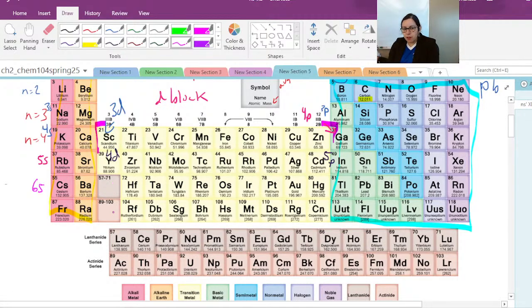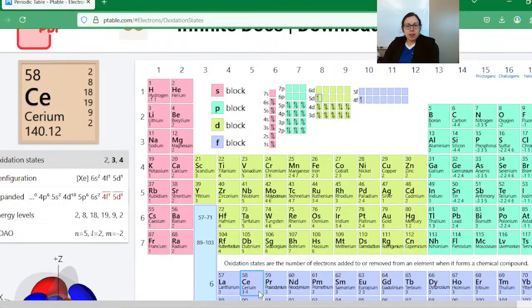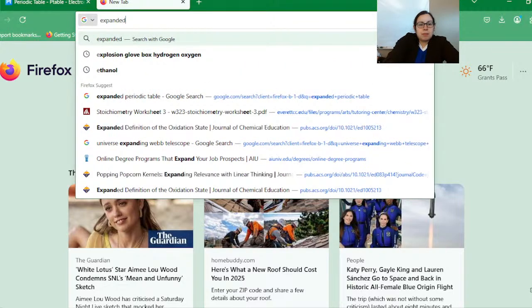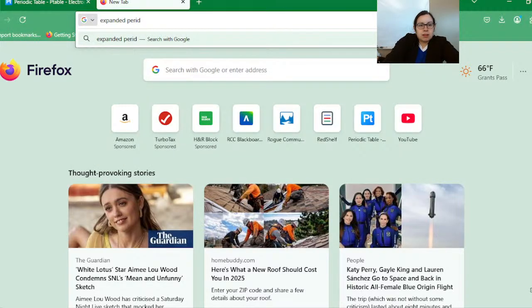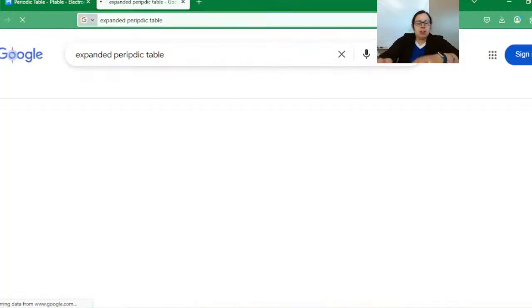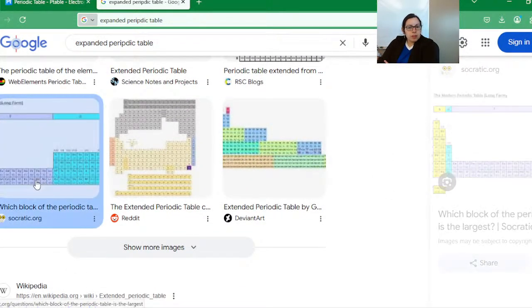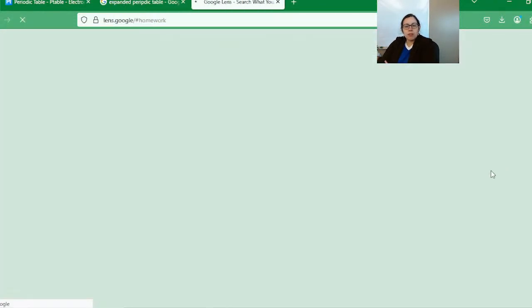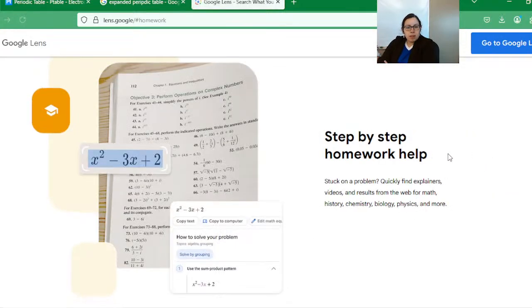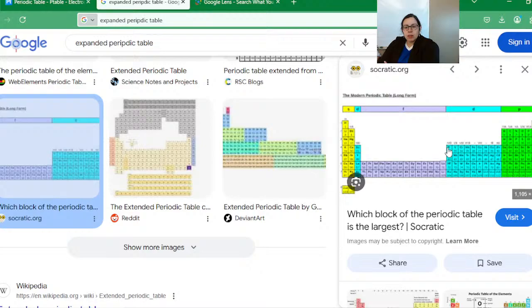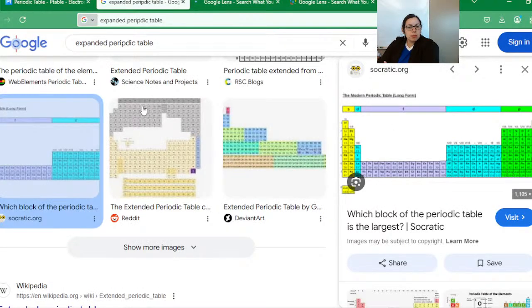We're trying to figure out how to fit in our F block here. I should have pulled up, let's look up expanded periodic table. I'm trying to show it in this form. Oh, come on. Why can't I just see this picture?